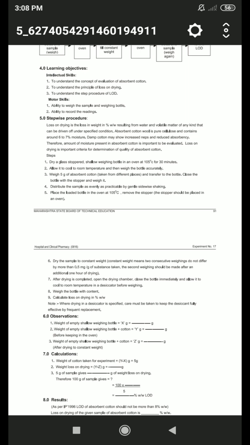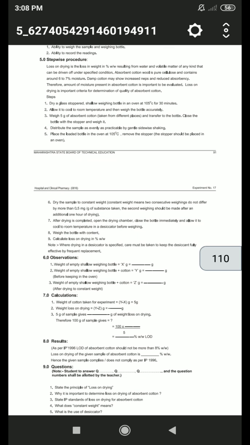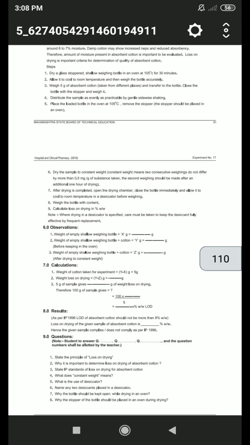Then 5 grams of sample gives a blank gram of weight loss on drying. Therefore, 100 grams of sample gives a question mark; calculate here the loss on drying.